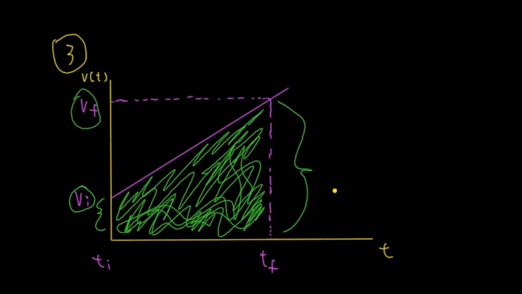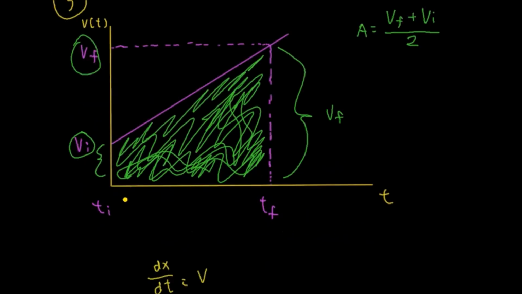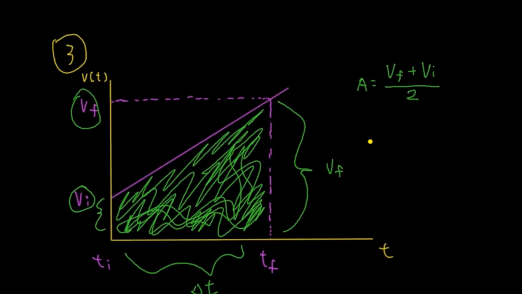It's V final. So of course we can say that, V final plus V initial, the upper base plus the lower base, divided by 2 times the height. So that is the height here, and this one here is change in time, delta t, t final minus t initial. So times delta t. That's the area of this trapezoid here.